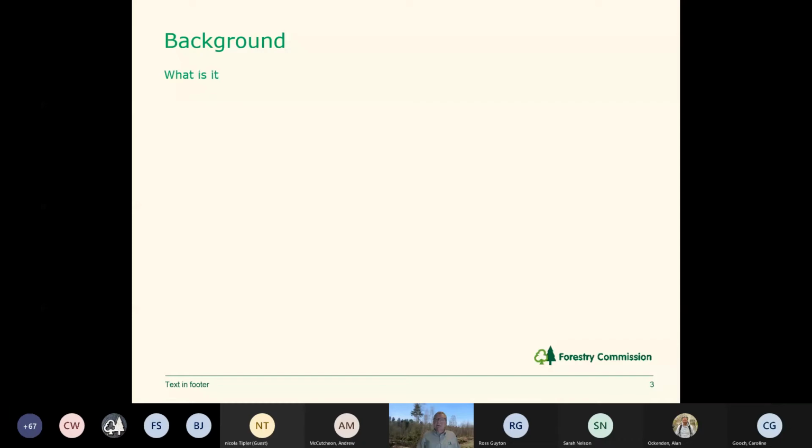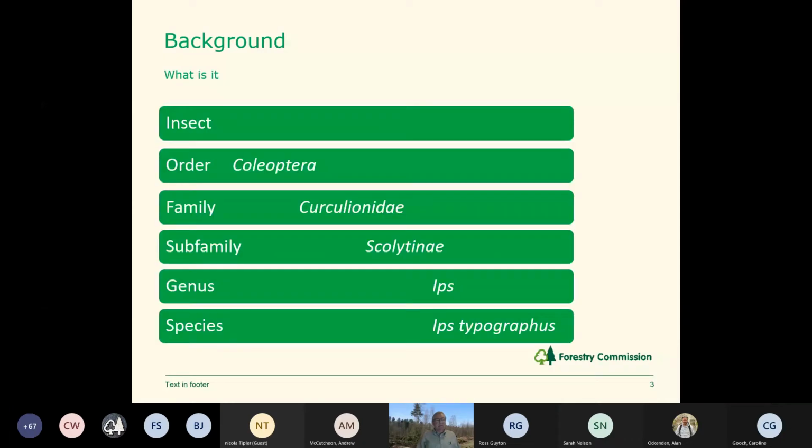So what is it? It's an insect. It's in the order Coleoptera. The subfamily is Scolytinae and the genus is Ips. I think there are 37 Ips species in the world, all bark beetles, mostly found in the northern hemisphere.